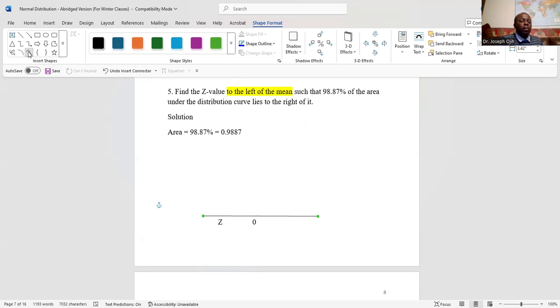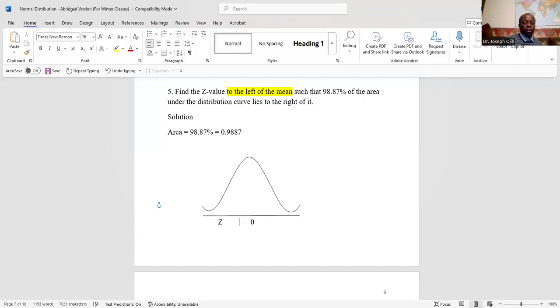Then put the bell curve. Then put the center line.